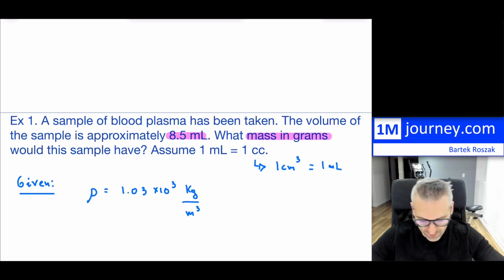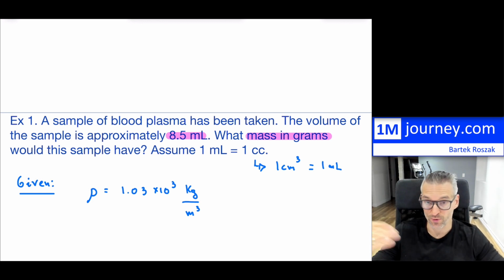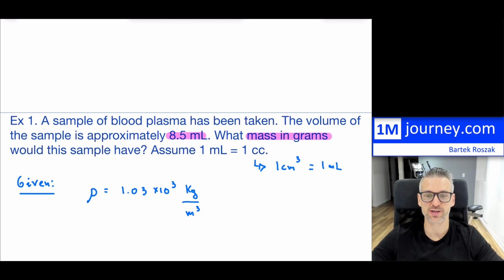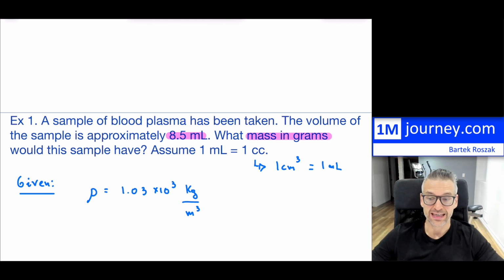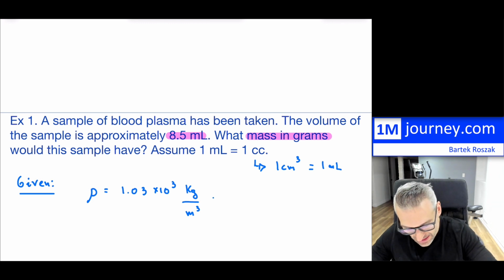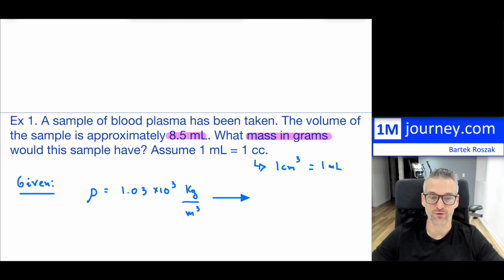And what we want is to be dealing with milliliters and also grams. So what I wanted to point out to you is, if you do get given the density in kilograms per meter cubed, you can very easily change this. You can do your unit conversions and change kilograms to grams, right? So that's one thing. And then you can certainly change meters cubed to centimeters cubed, okay?